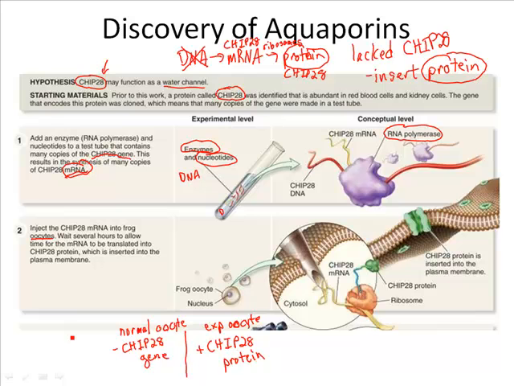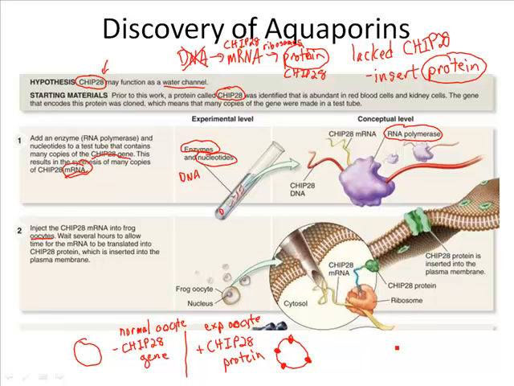So now in a normal oocyte, the plasma membrane lacks these putative water channels. In the experimental oocyte, we have this series of proteins which we hypothesize to function in water transport. Recall, at this point, they have no idea what the protein does. They've hypothesized that it's involved as a water channel. So now let's think about this.